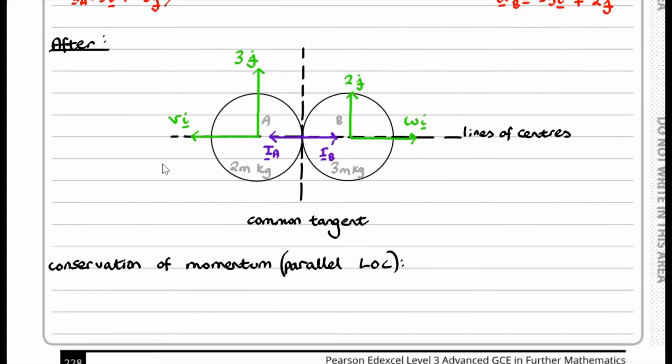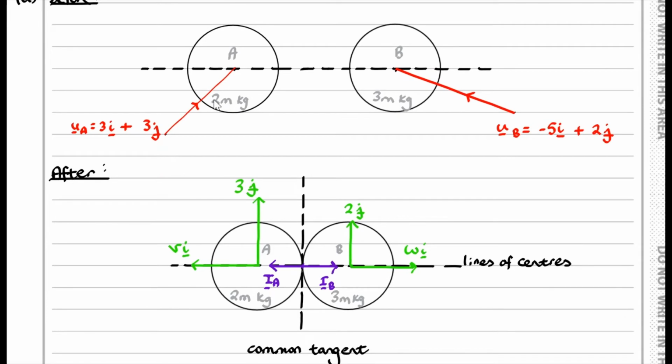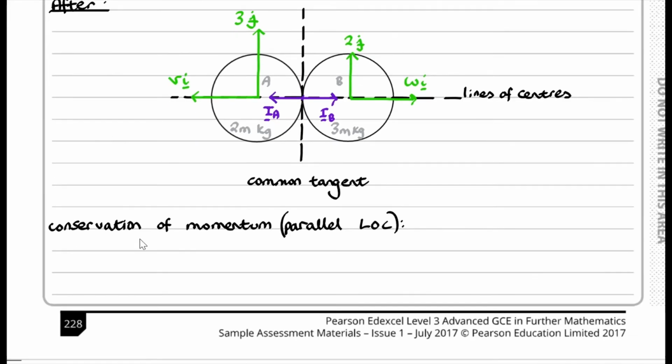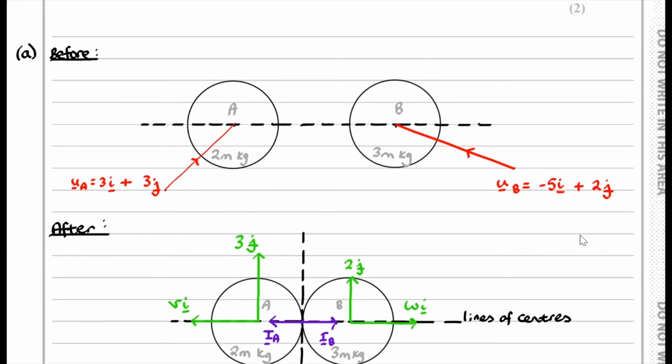If we consider the bit before, we've got 2m multiplied by 3. So we have 2m lots of 3 plus 3m, that's for B, lots of minus 5.